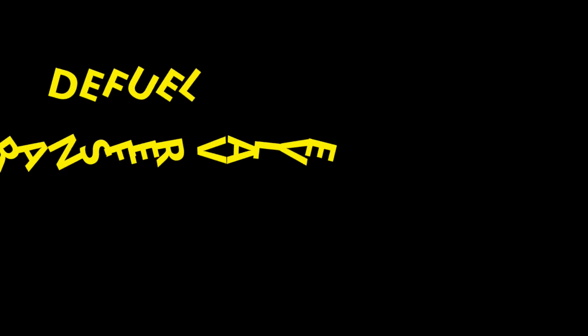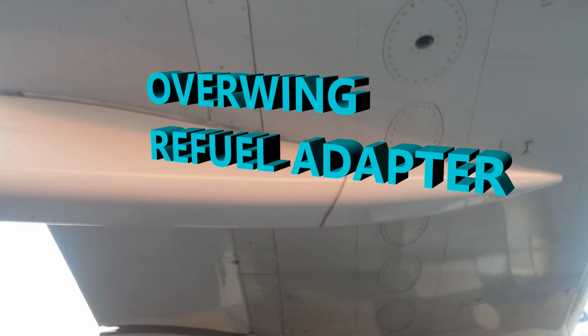Okay. One more thing: there's also the overwing refuel adapter, and there's also the pressure relief valve. The overwing refuel adapter is installed in the wing upper skin.